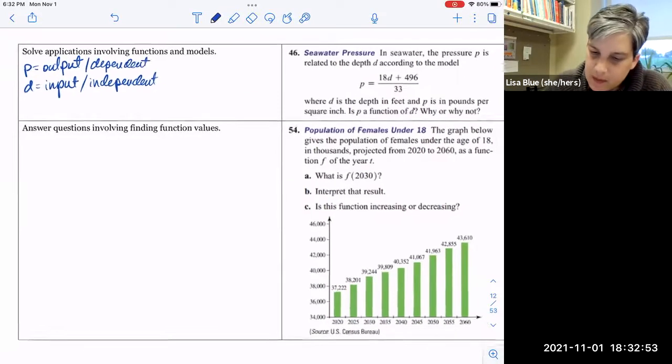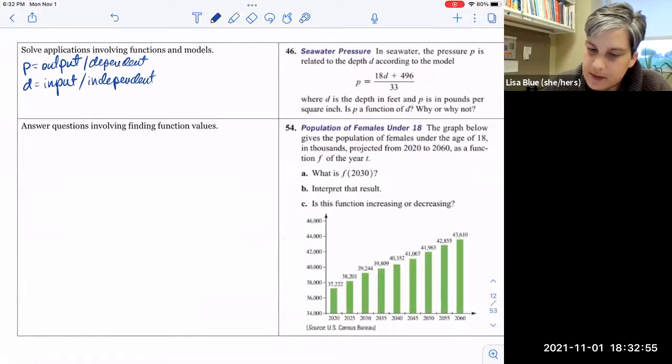In seawater, the pressure P is related to the depth D according to this model, where D is the depth in feet and P is in pounds per square inch.